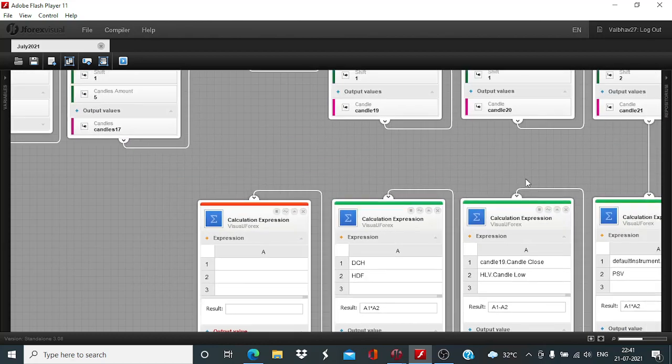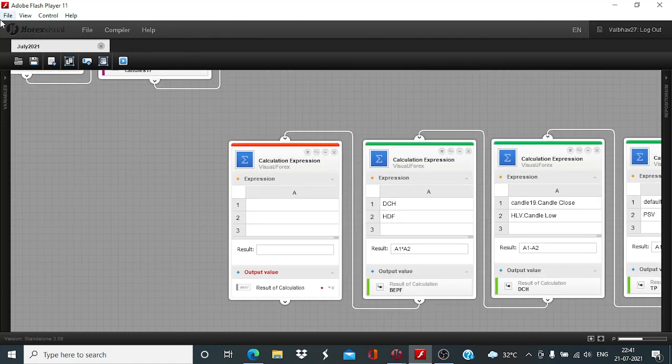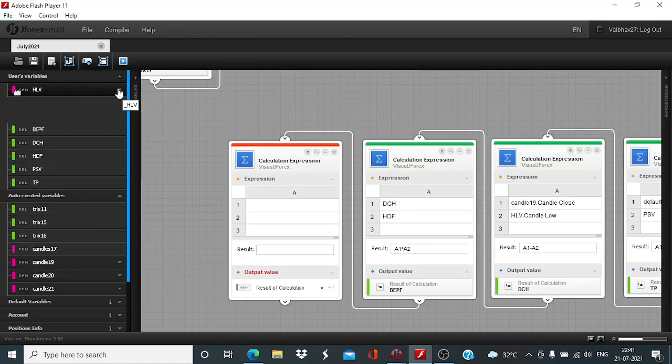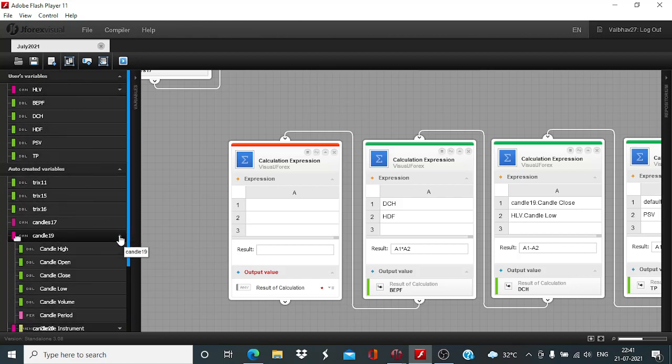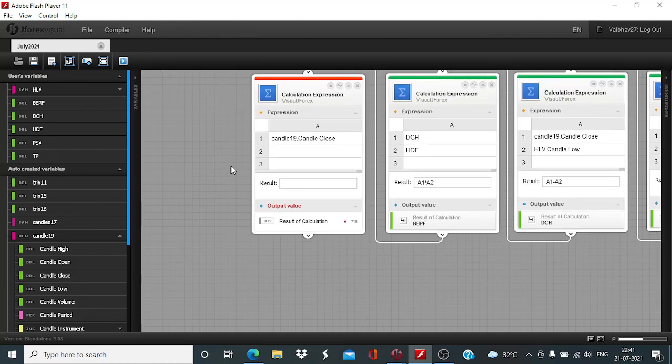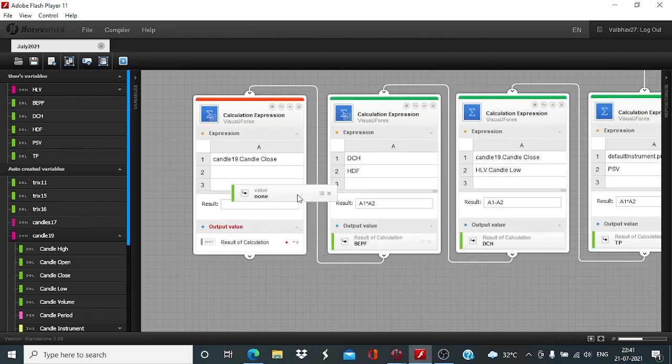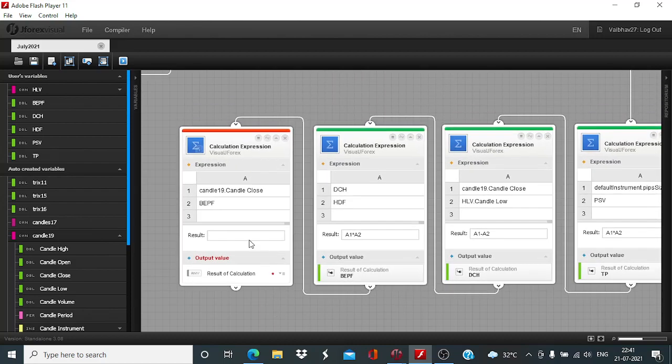Again, we take candle 19 candle close and deduct this value.